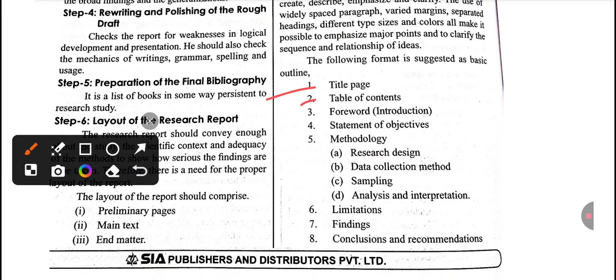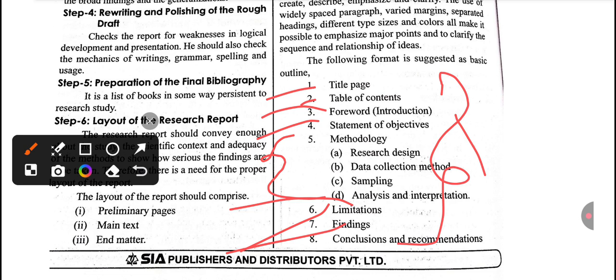Your research should have an introduction part. Your research should have your goals, the various information you have gathered, the limitations of that particular research, where you are finding the information from, and your conclusion. So these are the various steps you need to include in your research process.